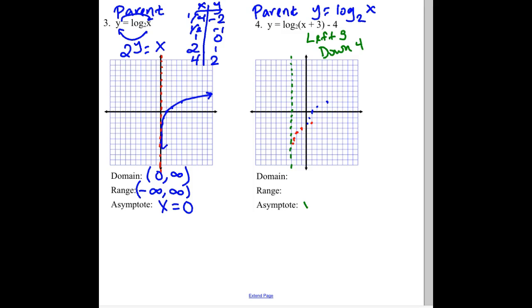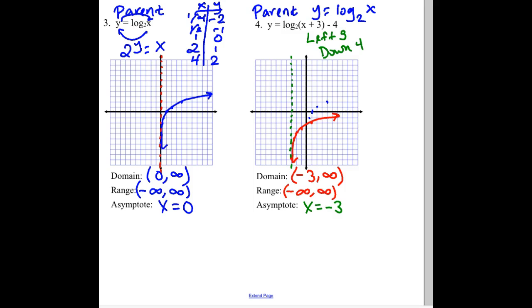So our asymptote would be at x equals -3. Our graph is going to curve along that vertical asymptote and off to the right-hand side. Our domain then would be everything to the right of -3, and our range would be all real numbers.